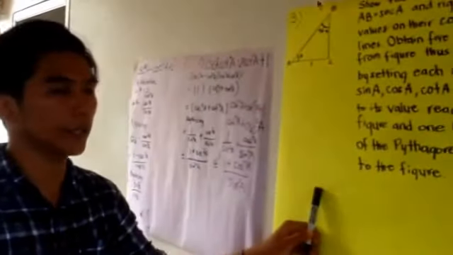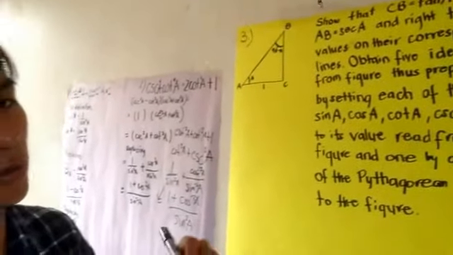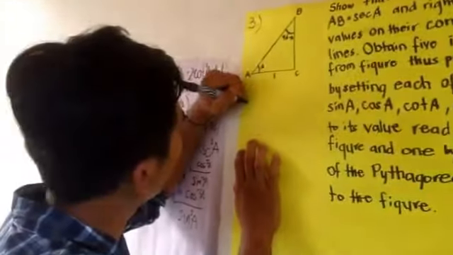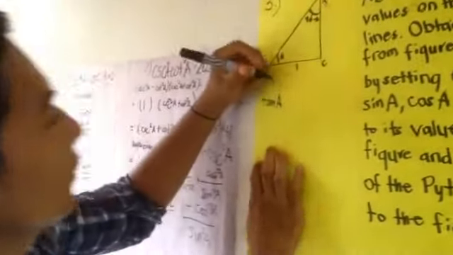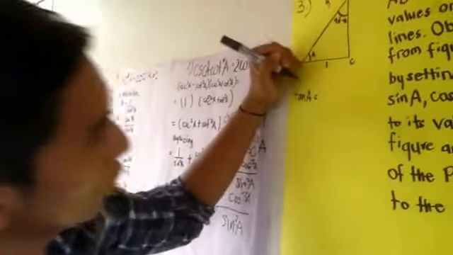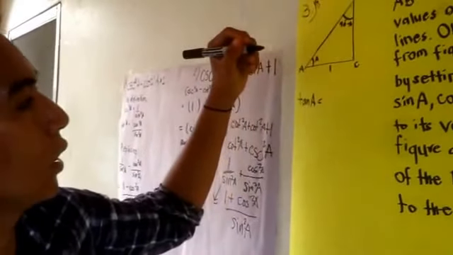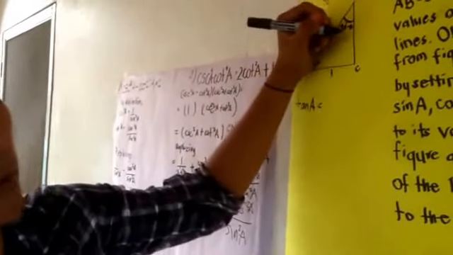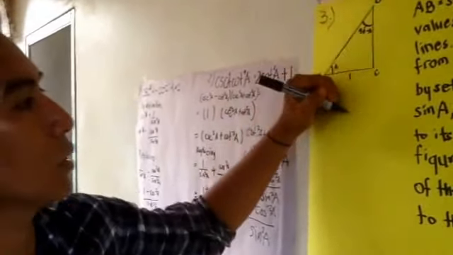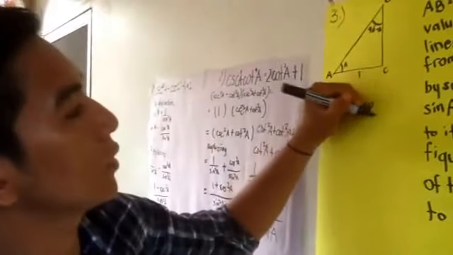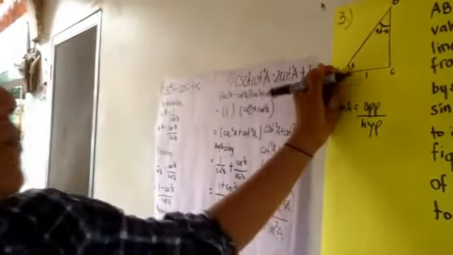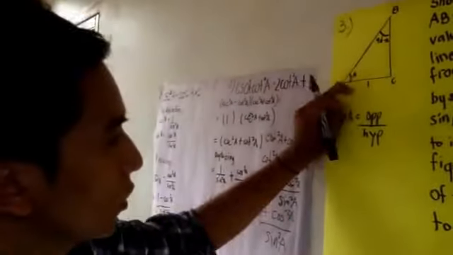So let's get started. We all know that tan A is equal to opposite side over adjacent side.